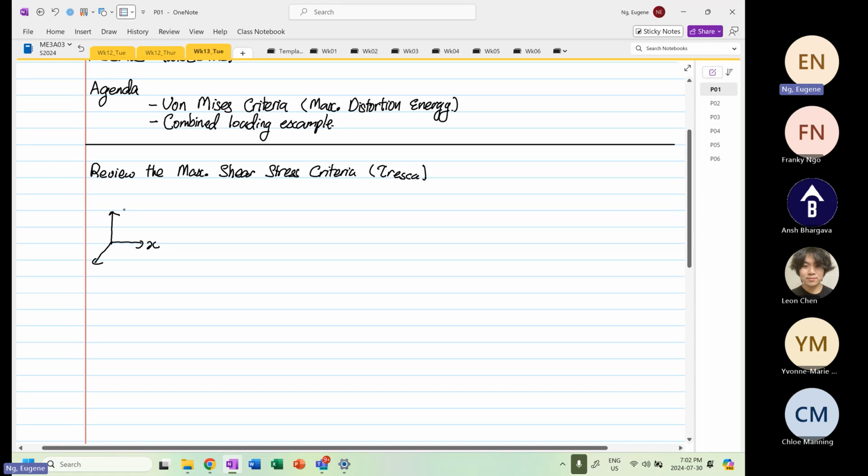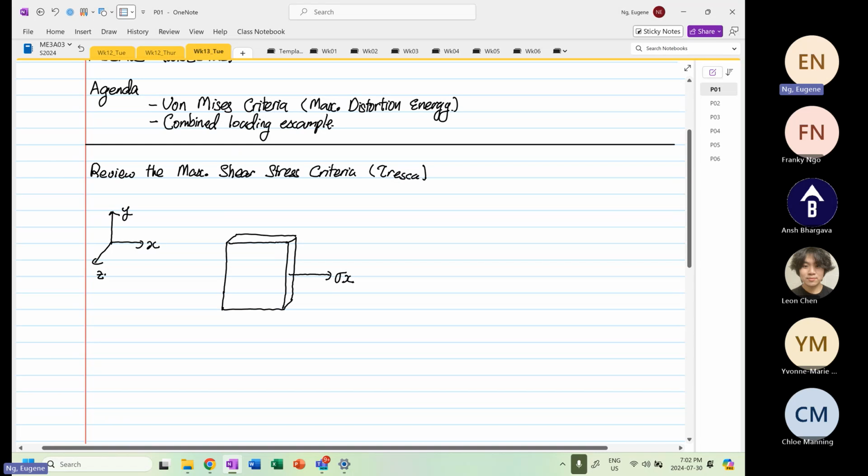so this is X, Y, and Z, and then this is our element over here. And our element happens to be under a load that is stress X, okay?